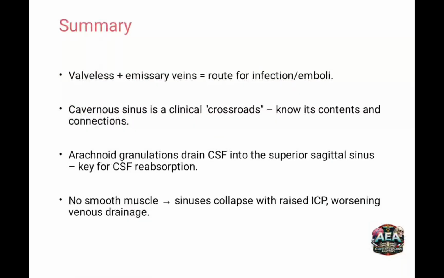So in summary, we know that the dural venous sinuses are valveless, and they possess emissary veins that connect these dural venous sinuses to the extracranial environment and will serve as a route for spread of infection as well as emboli. We have the cavernous sinus, which serves as a clinical crossroads. You need to know its contents, and you need to know the connections, both the tributaries and the drainage of the cavernous sinus.